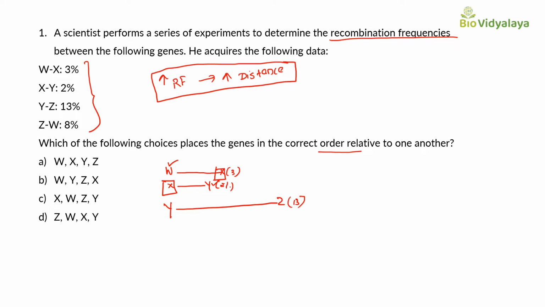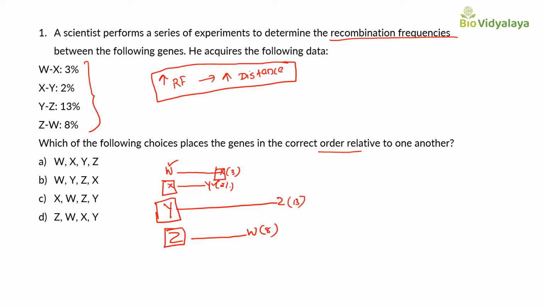So the gene Y is far apart from gene Z, but it is closer to gene X. Next, ZW 8%. So here you can see that gene Z is closer to W as compared to Y. Okay. So based on this, you have to solve this question.